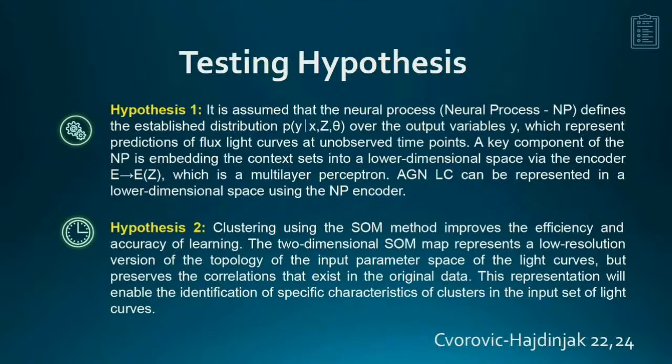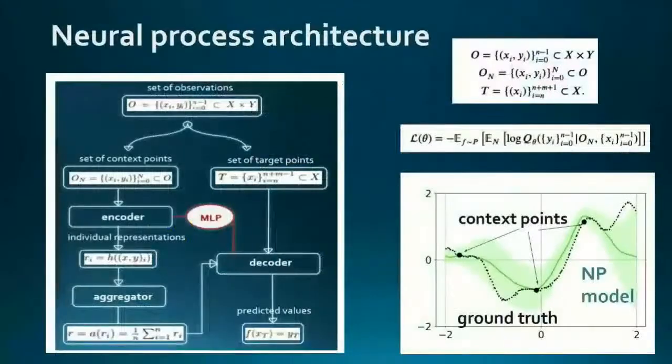And here, the hypothesis that has been tested was whether the self-organizing maps could be used to reduce the resolution of the parameter space of quasar light curves, but preserving the features and representation of the light curves. And these are all being presented in the publications by Eva.